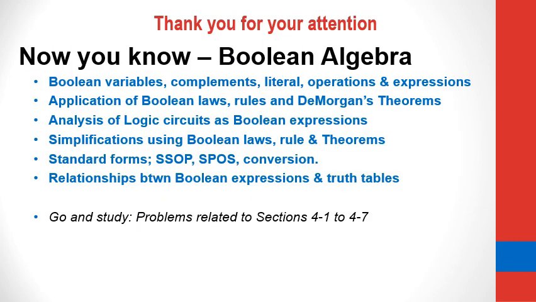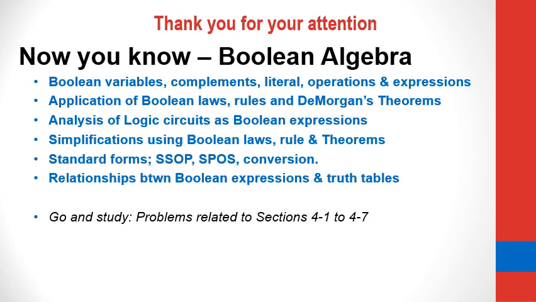So far we have covered Boolean variables, complements, literals, operations, and expressions. We have covered the applications of Boolean laws, rules, and De Morgan's theorem. We have analyzed logic circuits as Boolean expressions, and we have applied the Boolean rules, laws, and theorem in simplifying a circuit. We have shown what sum of products, standard sum of products, and standard product of sums are, and how you can convert from standard to non-standard forms.